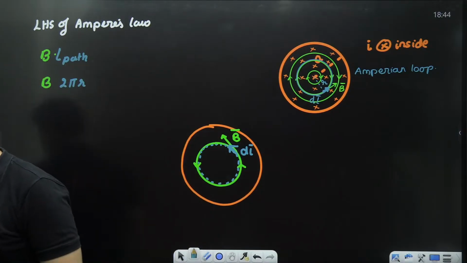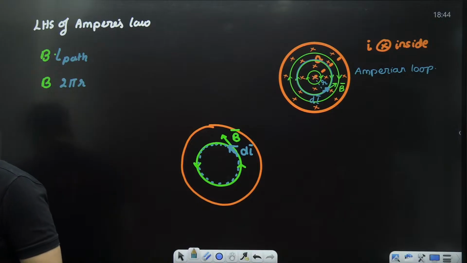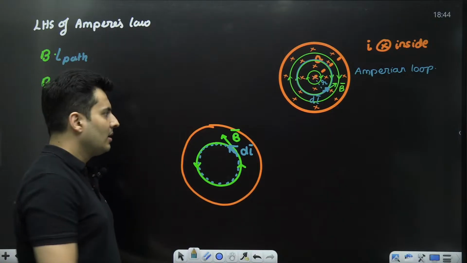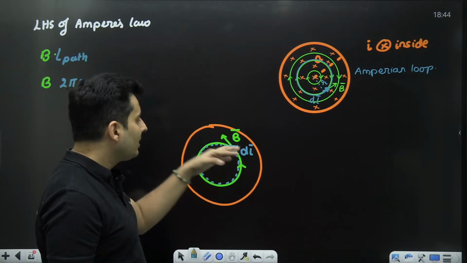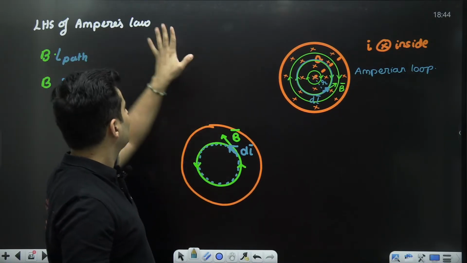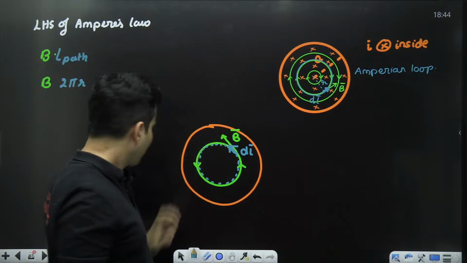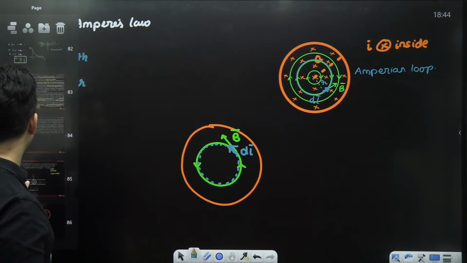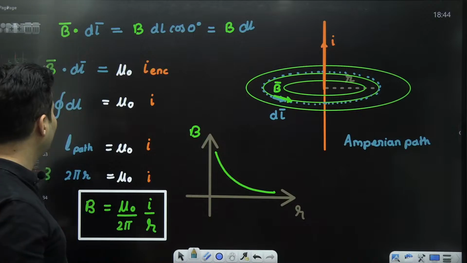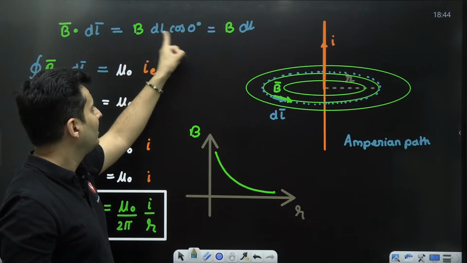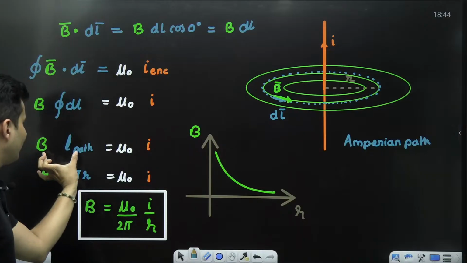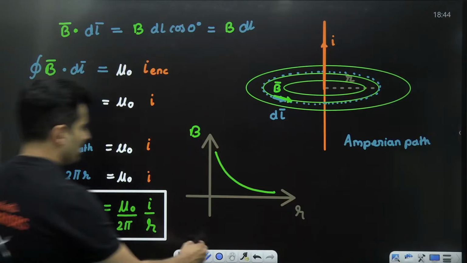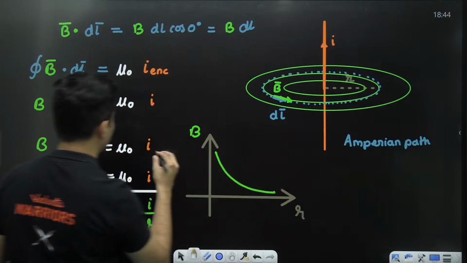So I've just gone around it in a circular path along the tangent. The reason why I went along the tangent is because field and dl will be parallel at every point. So cos 0 will become 1. The angle between them being 0, cos 0 becomes 1. So it becomes a simplified equation. So this is your simplified equation.